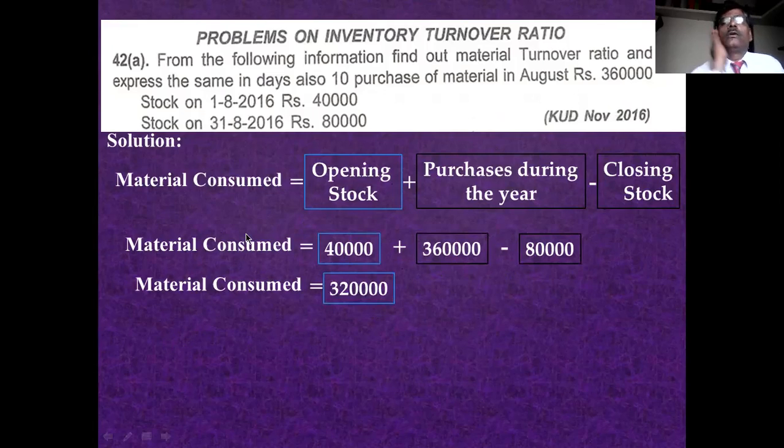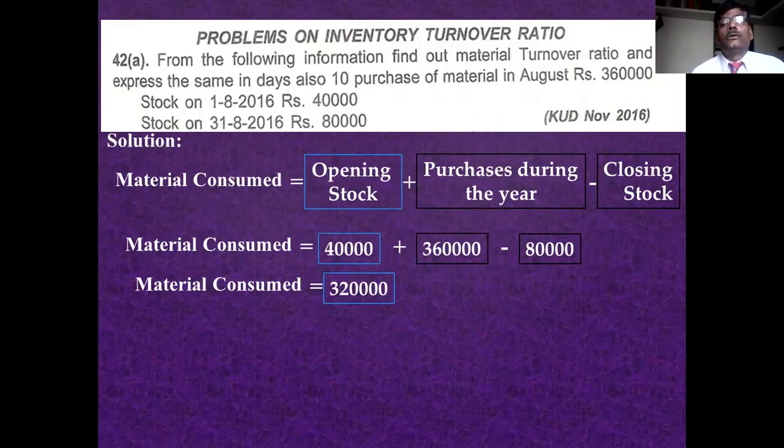And average stock you calculate. Average stock is to be calculated in two ways. One is opening stock plus closing stock divided by 2. It is the first method. And the second method is minimum stock plus maximum stock divided by 2. Either you take opening plus closing divided by 2, or you take minimum plus maximum stock divided by 2 for average stock. Remember this. Or one more is there: average stock is equal to minimum stock plus half of EOQ.